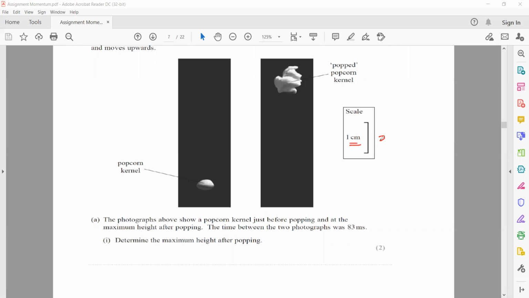For example, if this was 3 centimeters, then 1 centimeter is equal to 3 of the figure size. Then you will measure the position where it moves, and using the scale factor, you will work out the height through which it will rise.